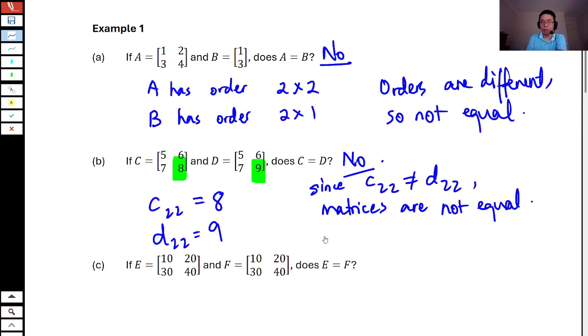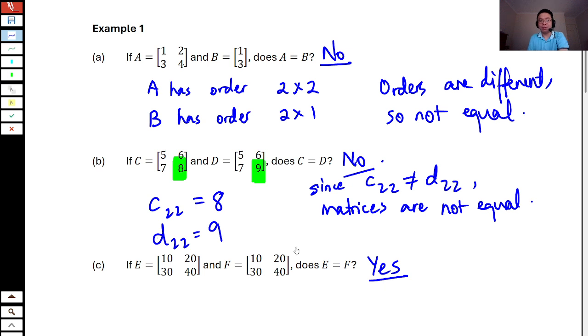Okay, next example. So I've got the matrix 10, 20, 30, 40 for E and 10, 20, 30, 40 for F. Question, does E equal F? Now, for the first time, we have a situation where the orders are the same and all of the numbers in the same position are the same as well. So yes.